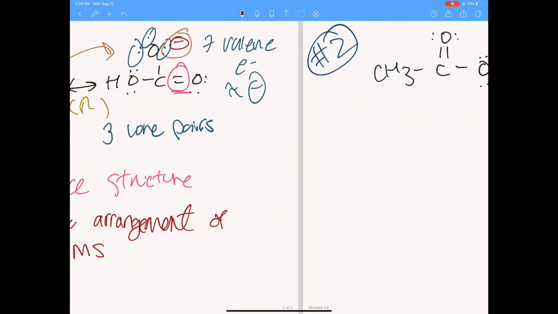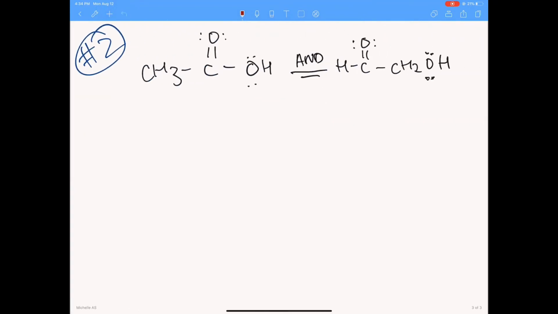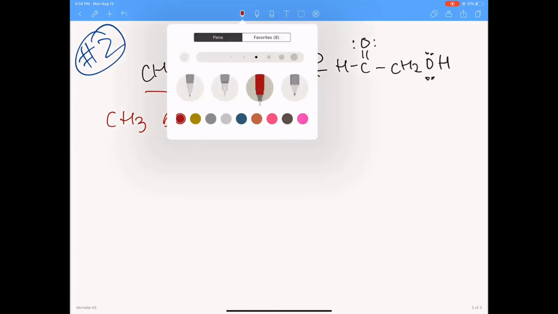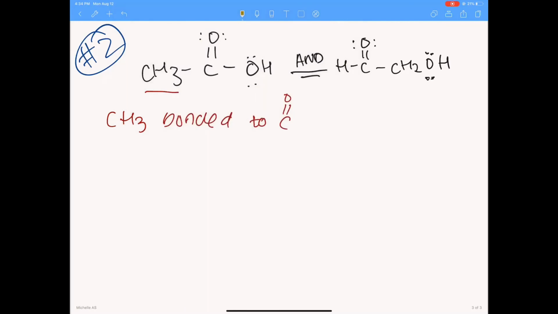Let's go over a second problem, but in this case I'll be talking about an isomer. As you can see, we do have a CH3 group, which is bonded to a carbon double bonded to oxygen. On the right side here, we have a hydrogen, which is bonded to that carbon double bonded to the oxygen.